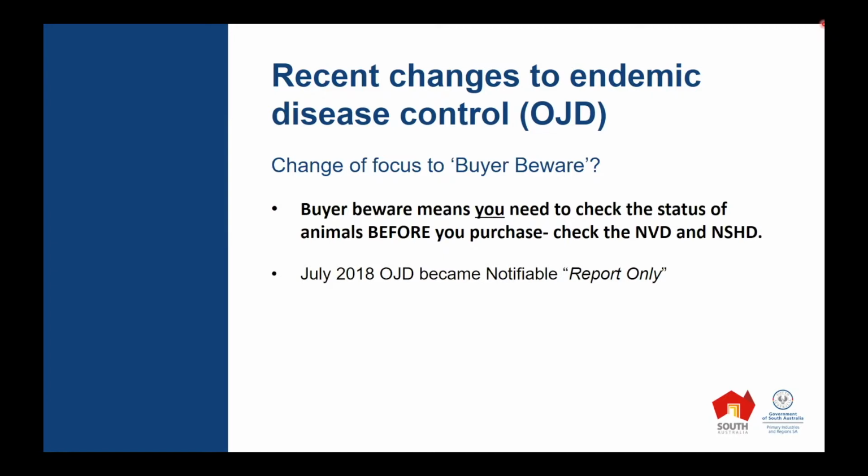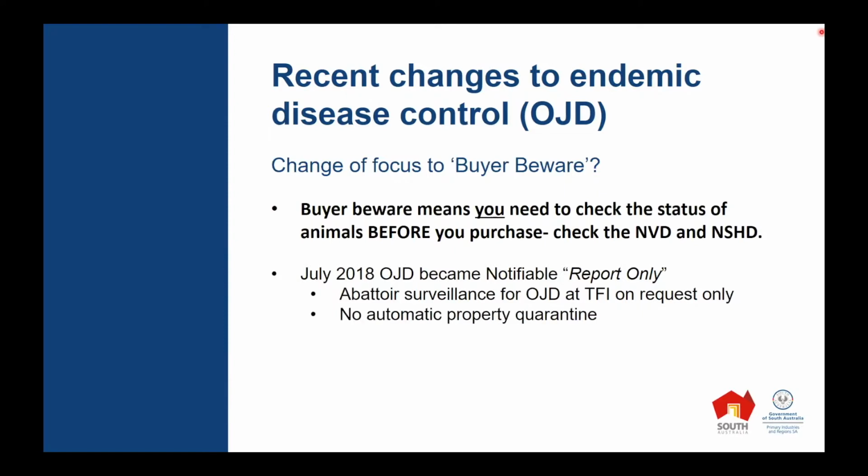That meant if you detect it or suspect it, you still need to notify the department or a veterinary officer, but basically that's where it ended. We ceased having compulsory inspections of adult sheep at the TFI abattoir at Livestock, and so those inspections now only occur when producers request them.